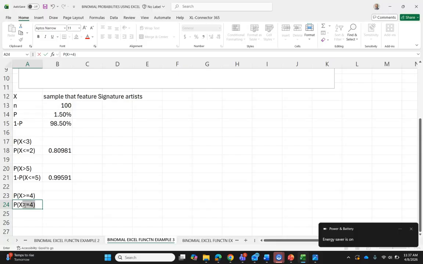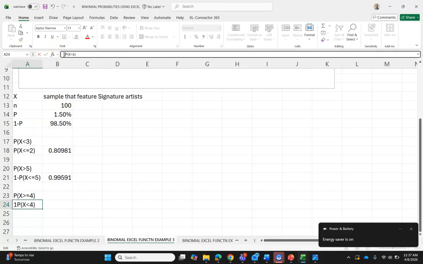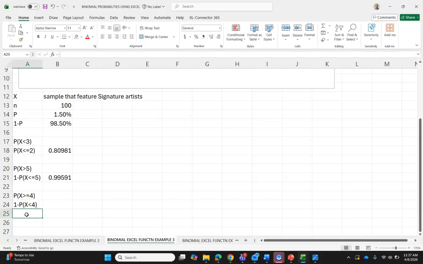Here you can see 4 is included, so we should put 1 minus the probability of X less than 4. What is less than 4? It should be 3, so X is less than or equal to 3.